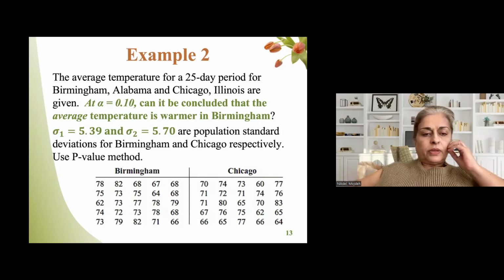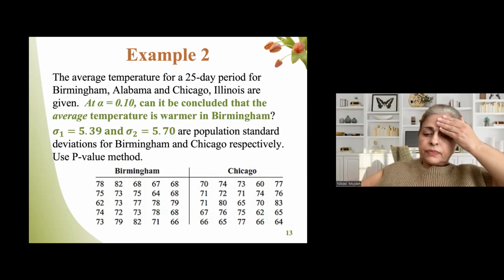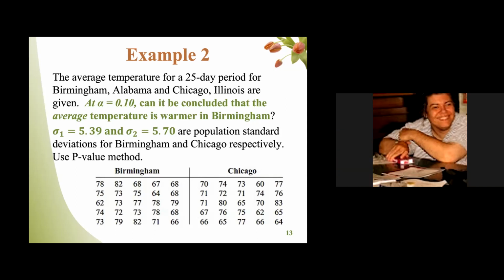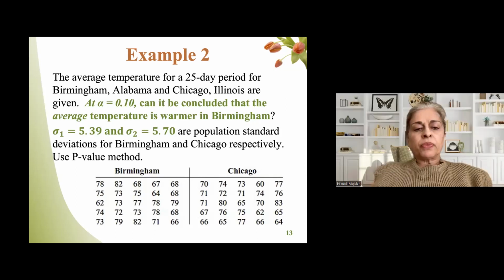Okay, I'm going to work on this here. The average temperature for a 25-day period for Birmingham, Alabama, and Chicago, Illinois are given. That's raw data.